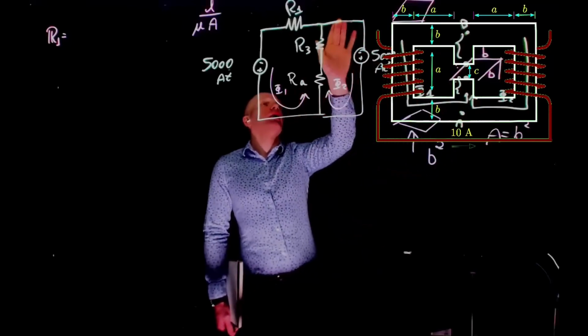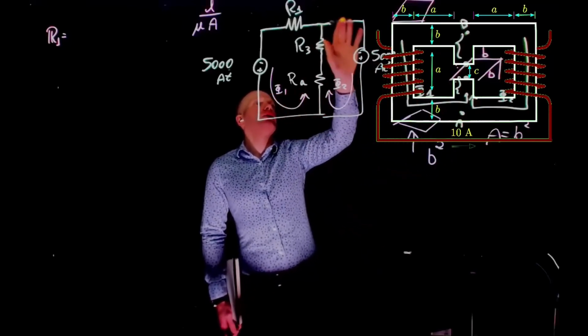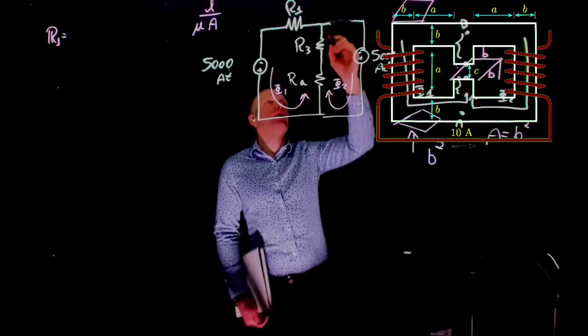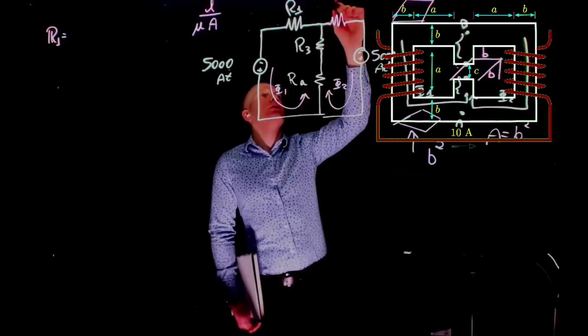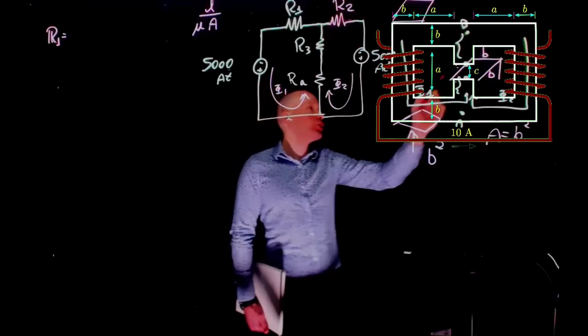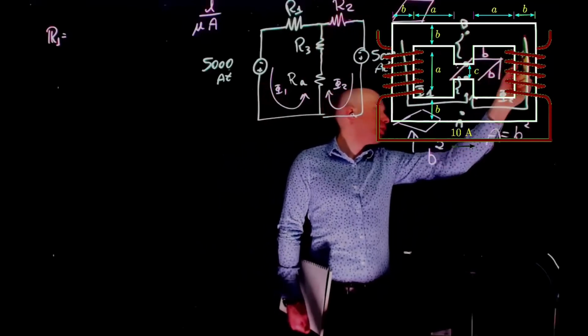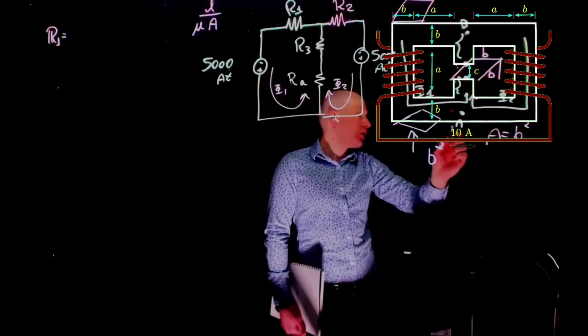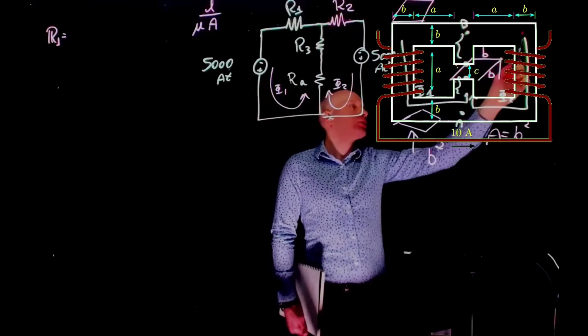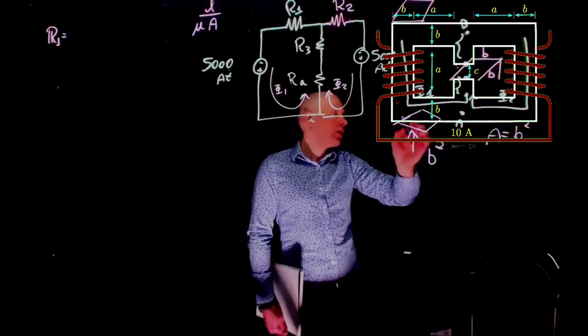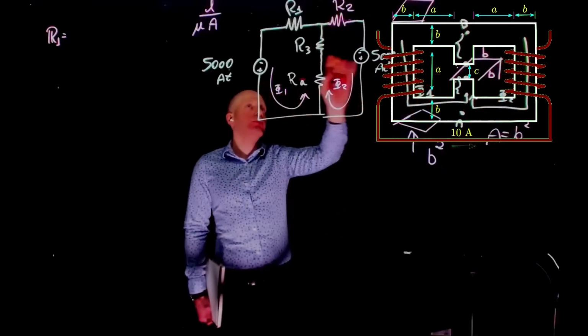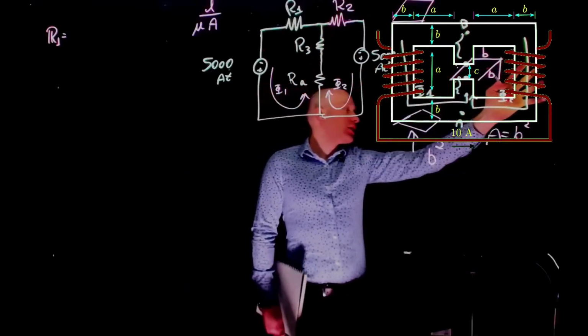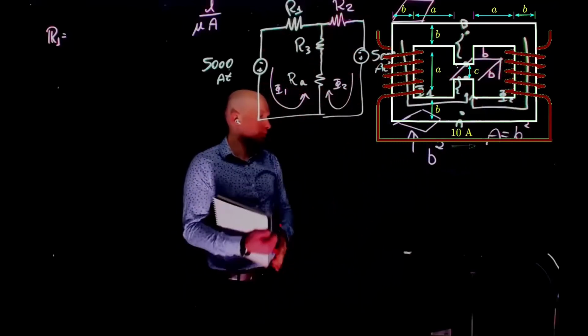And now that you asked that, I realized that I forgot to add the reluctance here from the other half of the circuit. Let's call this reluctance 2, which is from this point to point A. So this is one side, and that's the other side. This side here is represented by R1, and that side there is represented by R2.